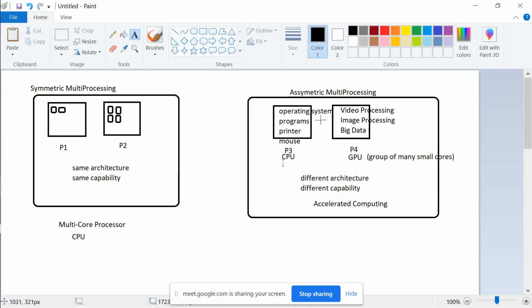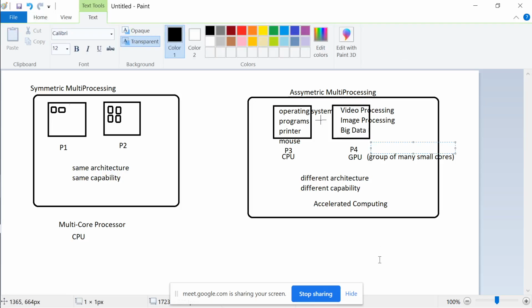Your CPU is like the main central part of your system, which not only has to do video, which has to show something on the screen. That is not the only task that a CPU has. A CPU has hundreds of other tasks to be done, and those are different types of tasks.